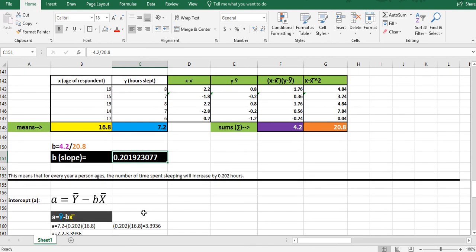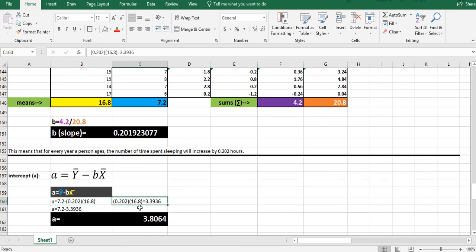Okay. From there, it's easier to calculate a, the intercept, because we could just do a equals the mean of y minus b times the mean of x. So I put those in blue and yellow. Now, it's right here, 7.2, the mean of y, in blue, minus 0.202, which is what we found for b, times 16.8, which is the mean of x.